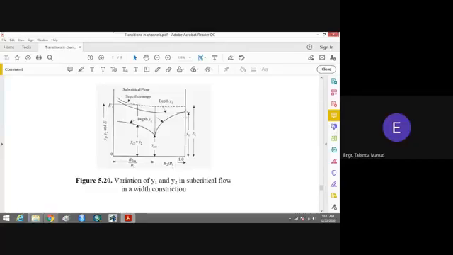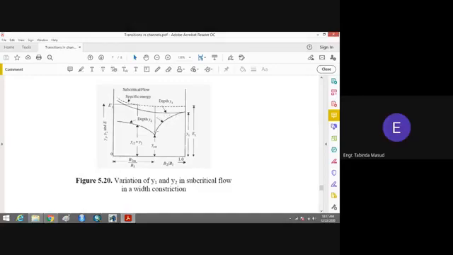Okay, what will happen? You can see that this is the initial depth of the flow. Okay, this is the Y1. Y1 is the initial depth of the flow, and E1 is the initial energy of the flow. So what will happen now if you are reducing the ratio, or you can say if you are increasing the contraction of the channel, you will go towards the left side, and you can see that the depth Y1 in a channel will remain constant, and the depth of the flow in a contracted section is decreasing.